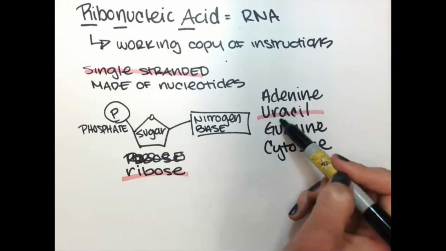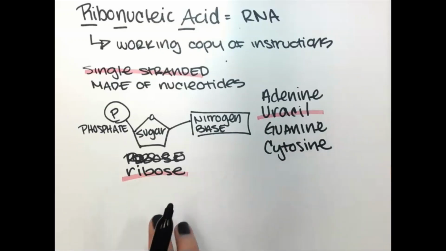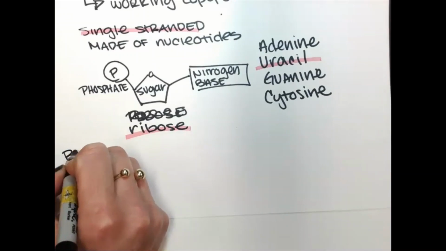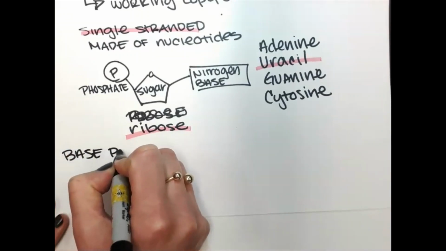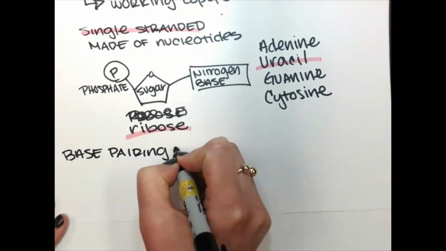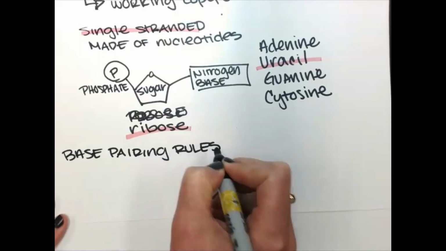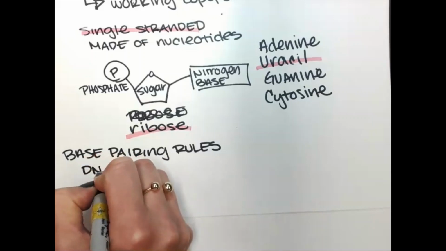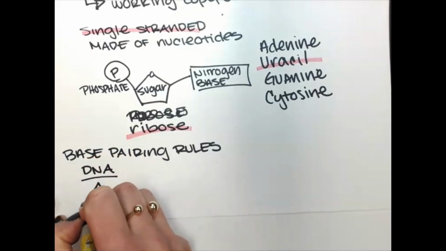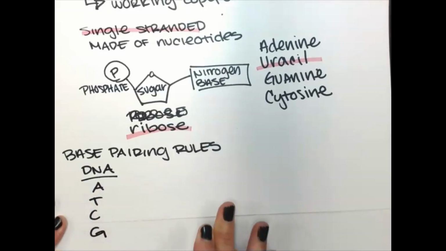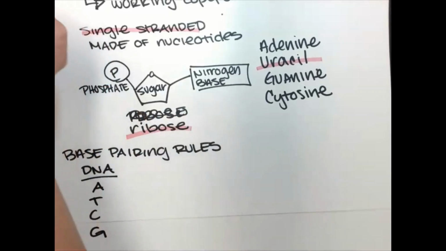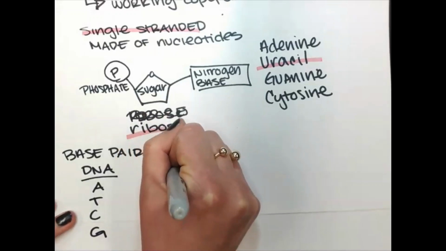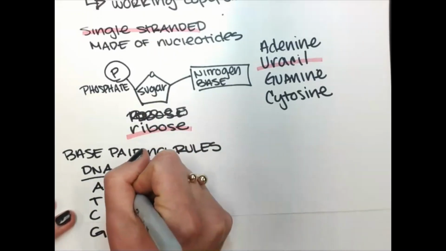Now, with this uracil, you have a change to your base pairing rules, right? So, base pairing rules for RNA are slightly different. So let's look at this. So if DNA has A, T, C, G, RNA is going to base pair differently.